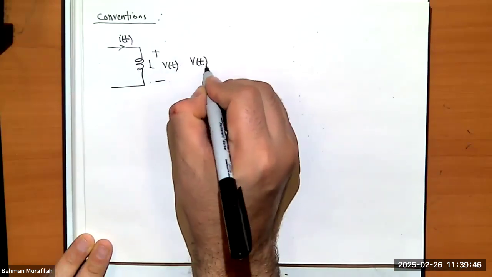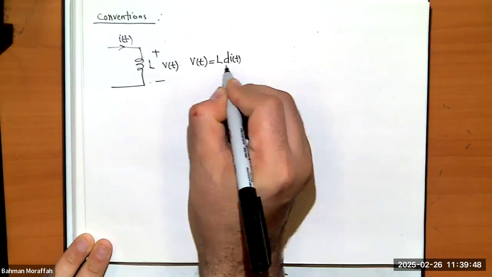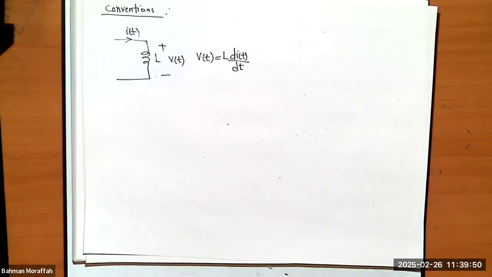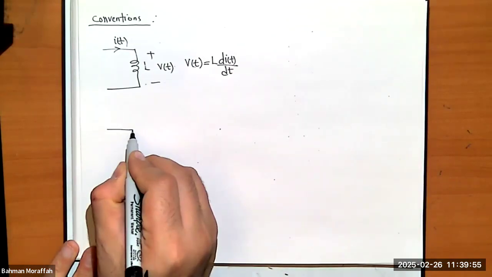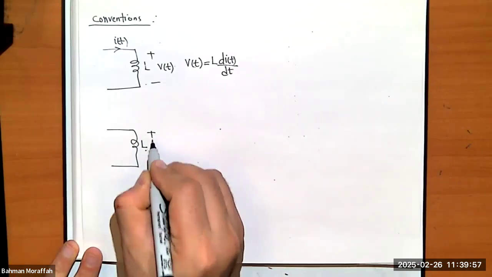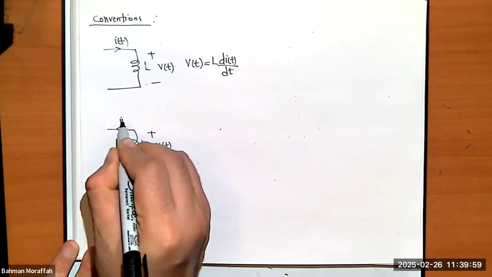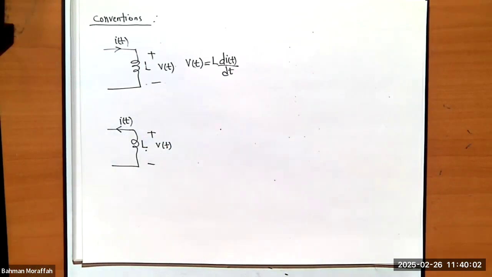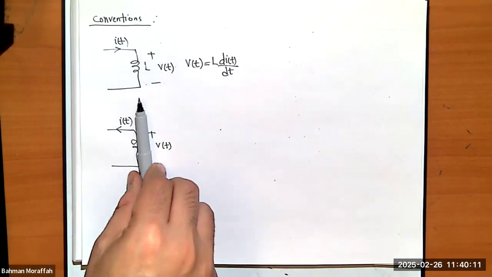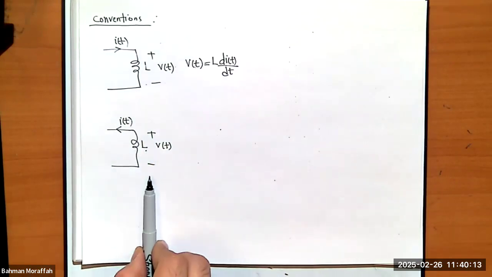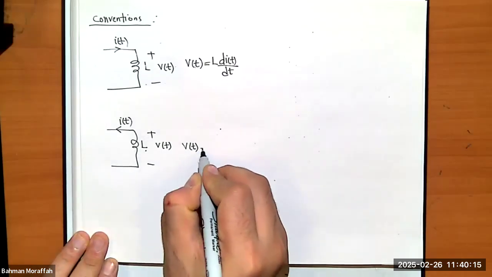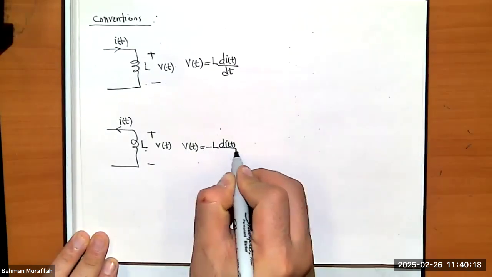I know V(t) is L di/dt with the positive sign because I of t is hitting the positive sign. How about over here? I have L, this is V(t), and current is going this way. Current is going from the negative side to the positive side, so it hits the negative first. So V(t) is negative L di/dt.